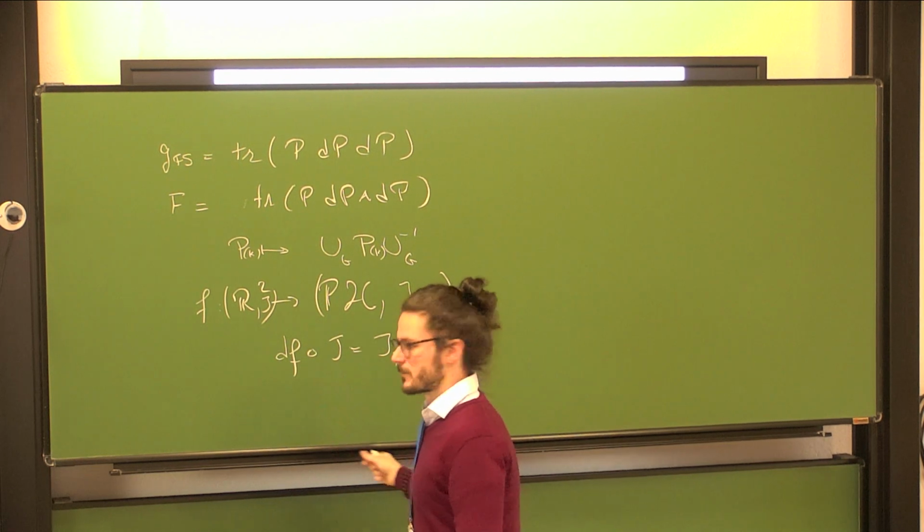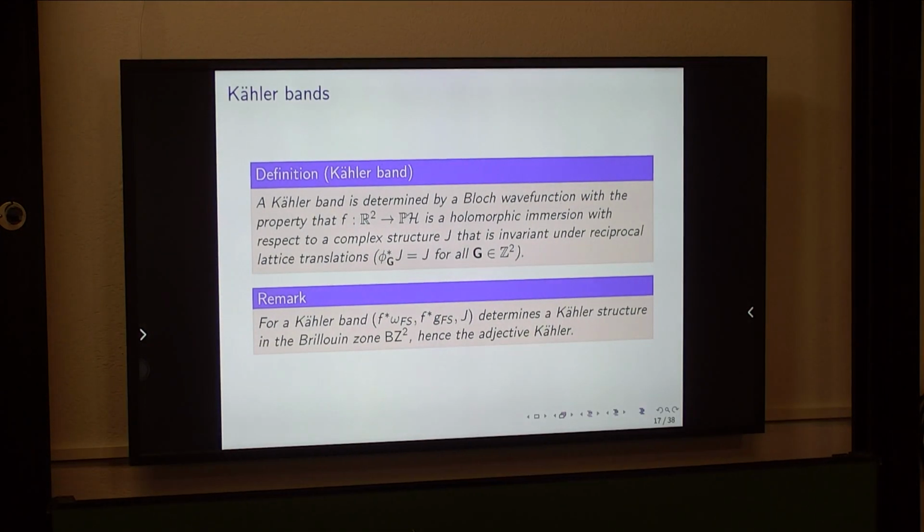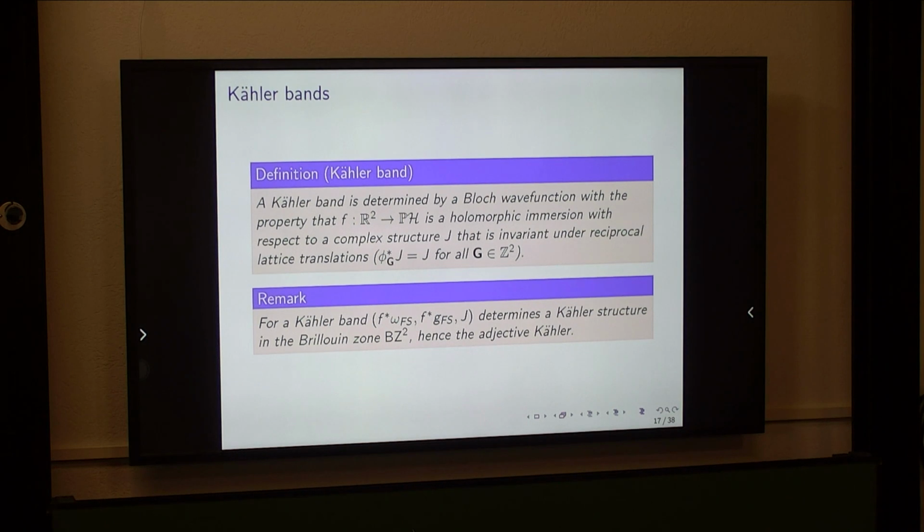So this map is holomorphic. Okay, so we have the adjective Kähler. So right now the Brillouin zone has become a Kähler manifold.